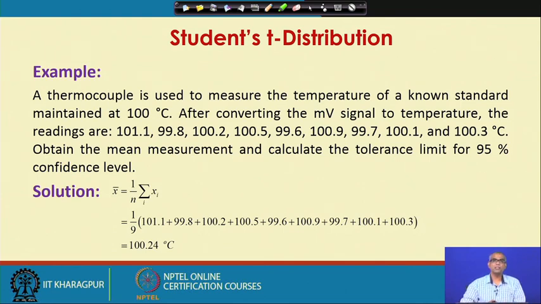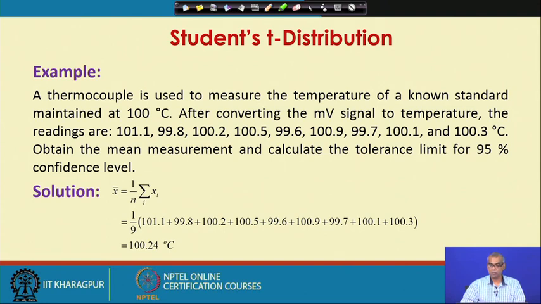Let us take another example to make the point more clear. A thermocouple is used to measure the temperature of a known standard maintained at 100 degrees Celsius. After converting the millivolt signal to temperature, the readings are 101.1, 99.8, 100.2, 100.5, 99.6, 100.9, 99.7, 100.1 and 100.3 degrees Celsius.